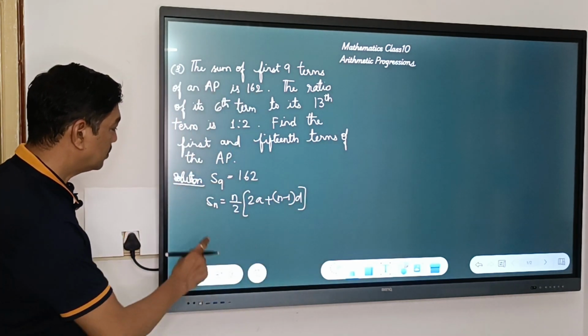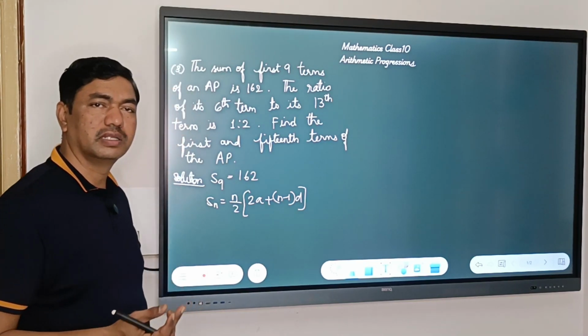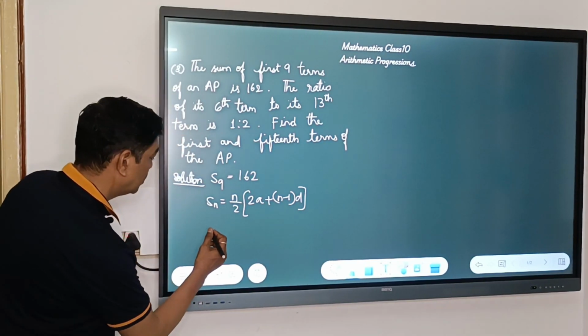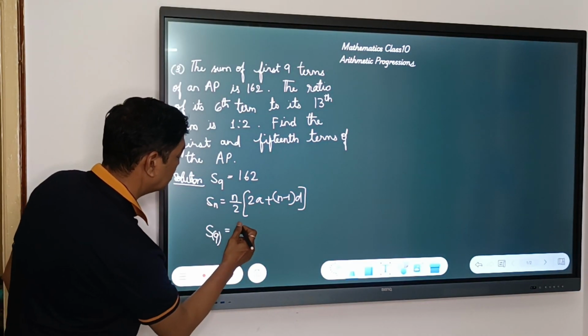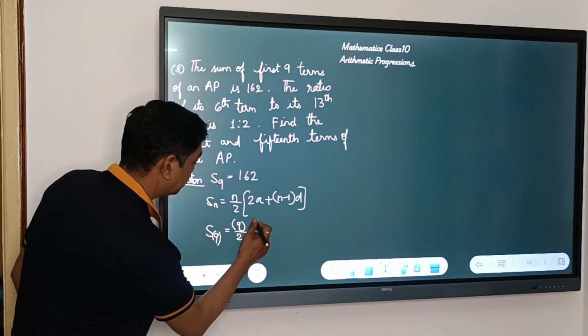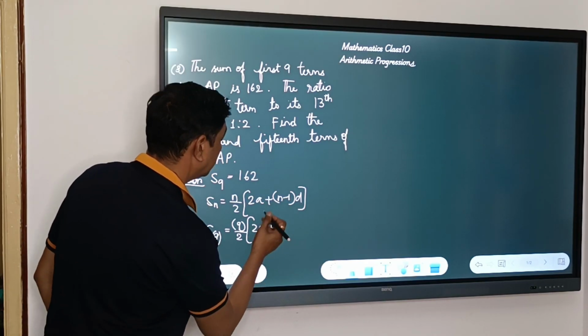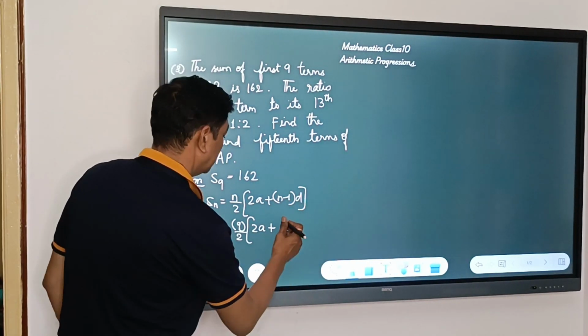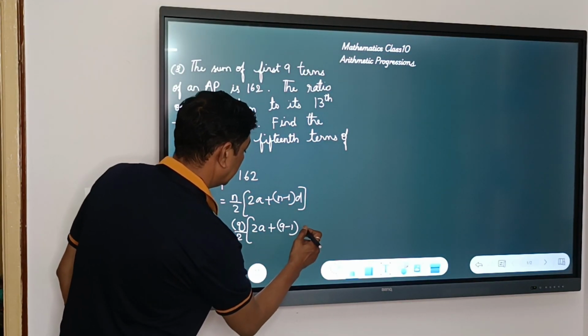Here n is the number of terms, and Sn is the sum to n terms. So S9 is equal to 9 by 2 into 2a plus 9 minus 1 into d, where the first term a is unknown.